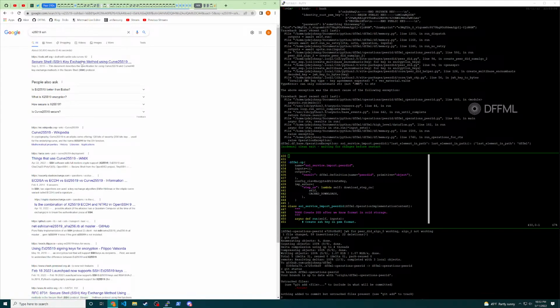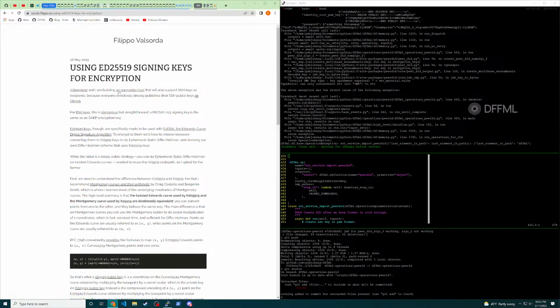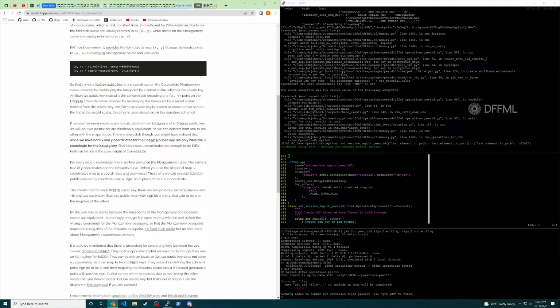X25519. All right, this is not jumping out. All right, if we use a secret scalar, 2 points that are published, so we can convert the one there with the maps above.